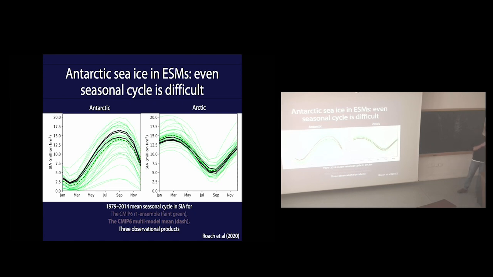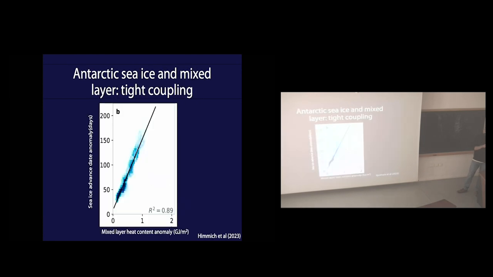There are plenty of reasons why we would think that mixed layer depth would be an issue for Antarctic sea ice, because it relates so much to the freeze-up. That would be my first argument. The ice advance is really related to mixed layer heat content. That seems to be obvious because sea ice needs seawater to be at the freezing point.